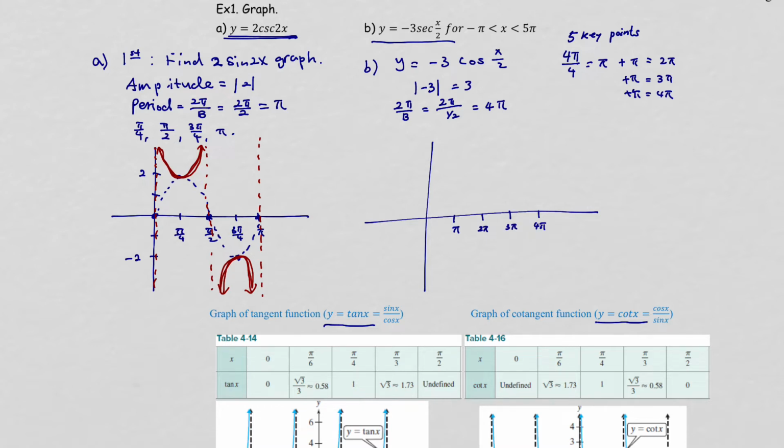Starting from 0, because you have this negative right here, it means it starts from the bottom, and your bottom will be negative 3, the lowest point. The highest point will be 3. So start from here, going up, and going down back. Your cosine graph should look like that.